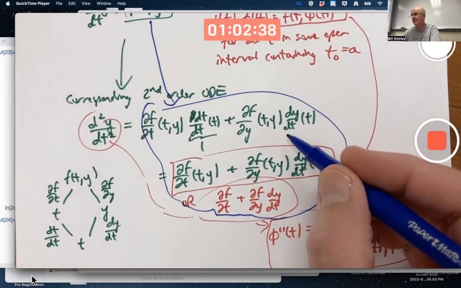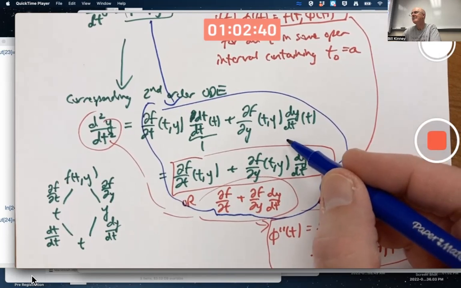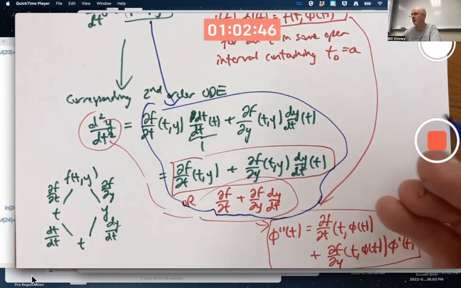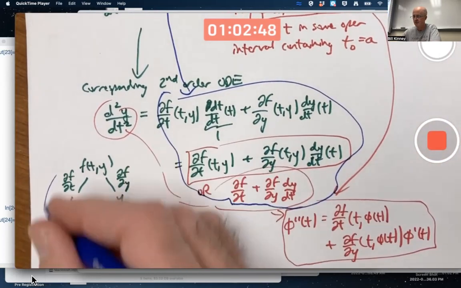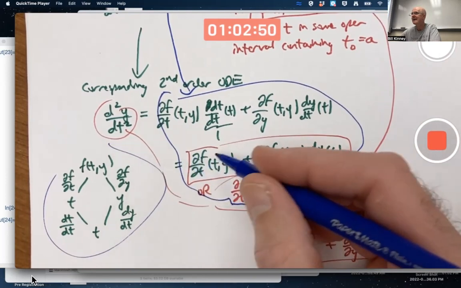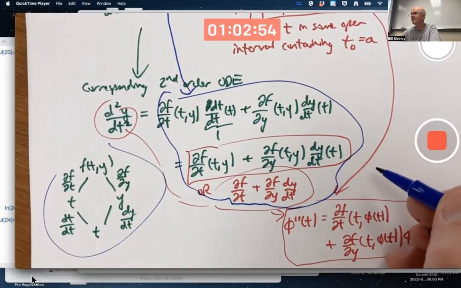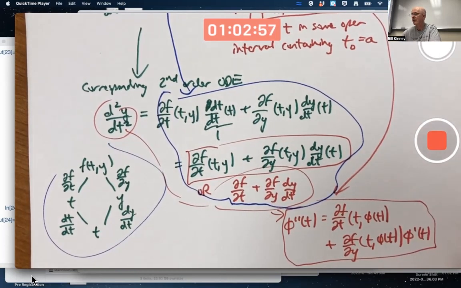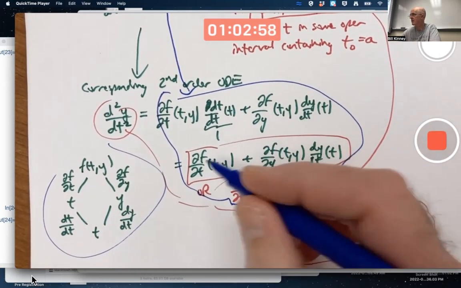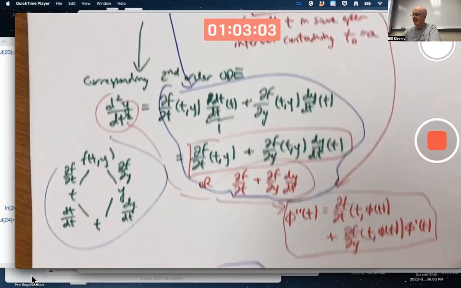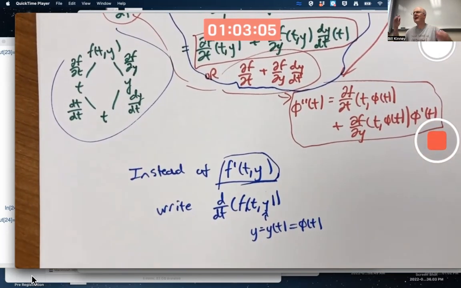I mean, yes, this is confusing too, but I think a little less confusing because we're being a little bit more explicit about what's going on. We are using a multivariable calculus chain rule with this diagram and emphasizing that everything does depend on t ultimately. Along the way, you do need partial derivatives of f with respect to both t and y. So how does this play out for our example?